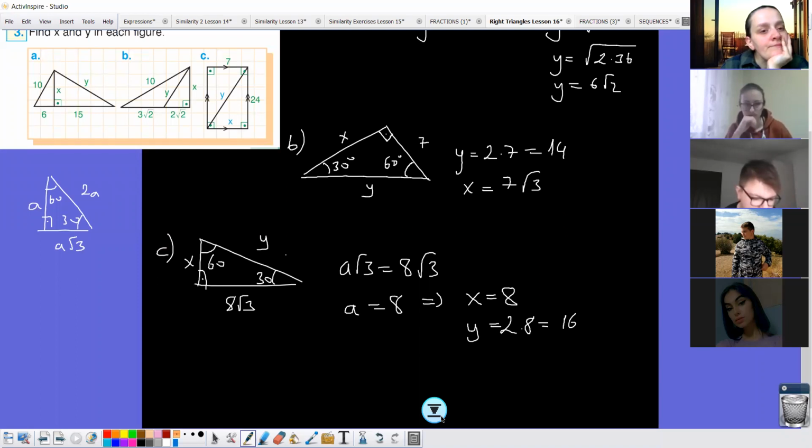Now in the third example, what will we do, how will we do it? Look, in A, it's easy to find x because we have here 10, 6, and with the Pythagorean theorem, you will find x. And when you find x, with another Pythagorean theorem you will find y.